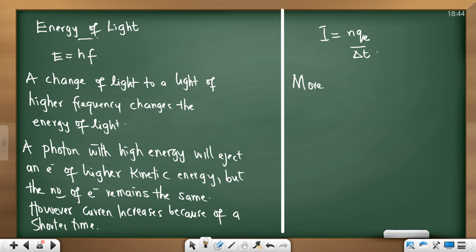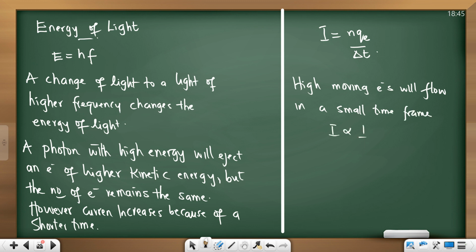More, okay, let me say high moving electrons will flow in a small time frame. We're saying I is inversely proportional to time.